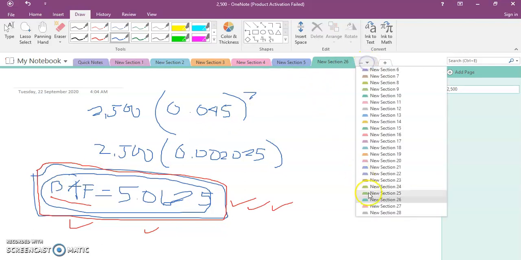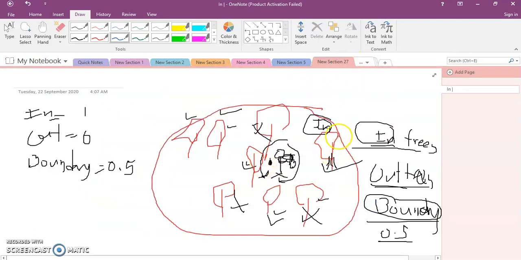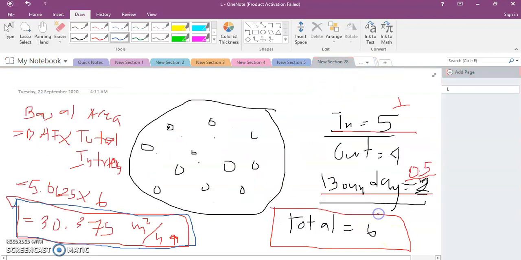Once you have your basal area factor, you identify the entries in a forest stand by moving clockwise or counterclockwise. Wherever there is a tree bigger than your thumb, you count it as an entry, while the boundary is equivalent to 0.5. And then you simply multiply. And now you have the basal area of the forest stand.